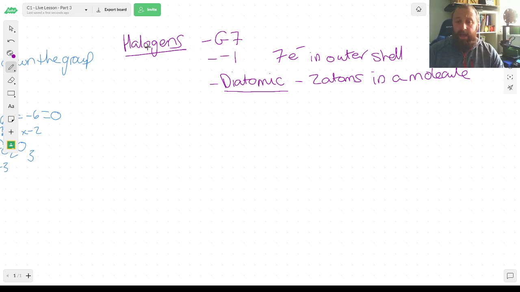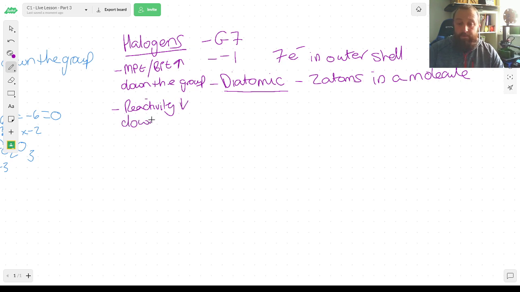We said that in terms of the general properties, the melting point and the boiling point increase down the group. We said that the reactivity decreases down the group. And we said actually the colour changes as well.